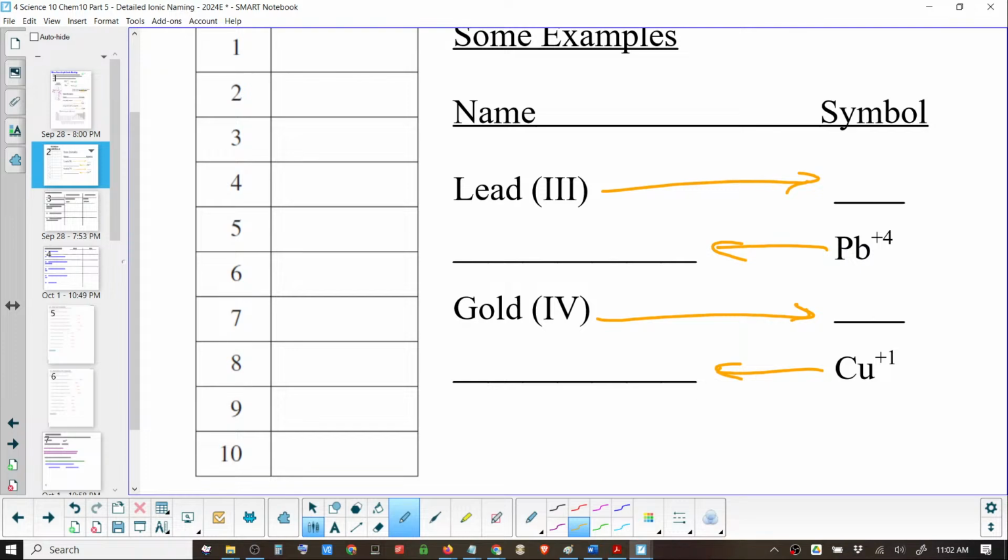I'm going to ask you for the symbols. Bo, what's the symbol for the first one? Pb plus 3, because lead is tasty like peanut butter, or it's plumbing. Yuma, name for Pb plus 4?